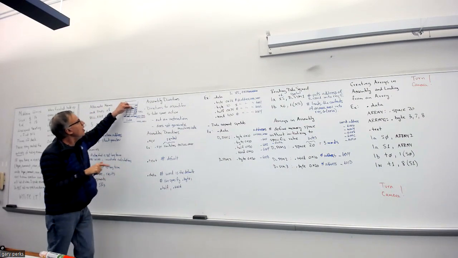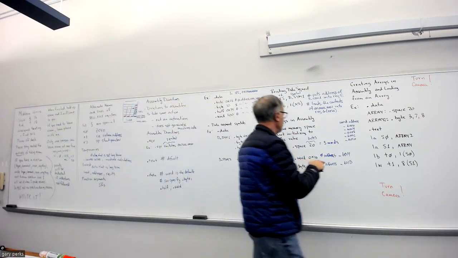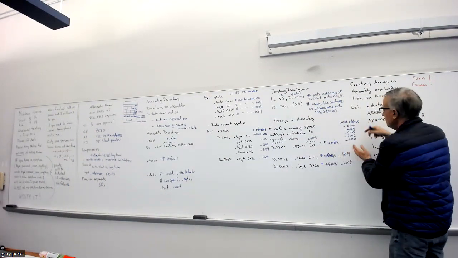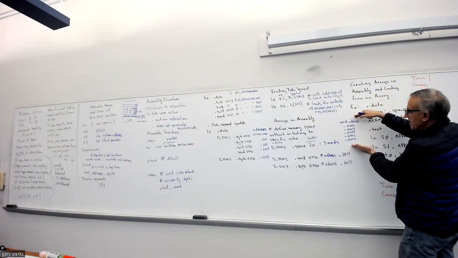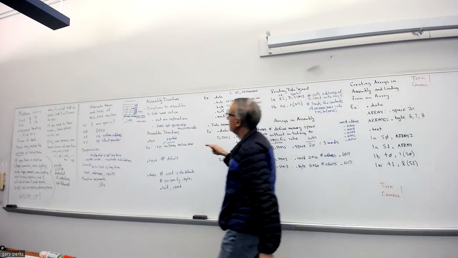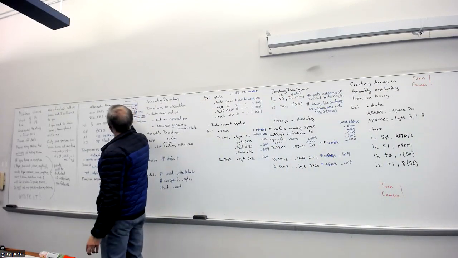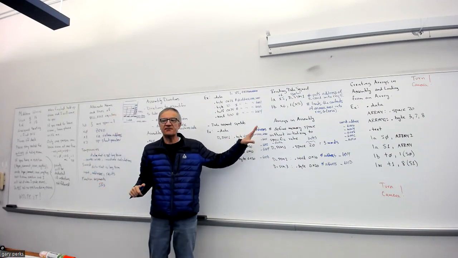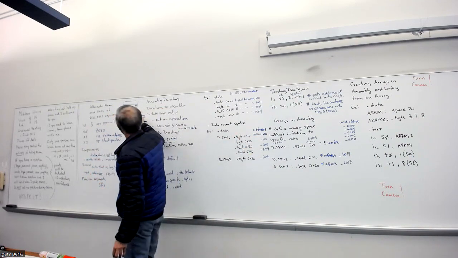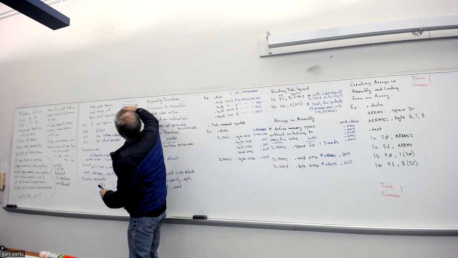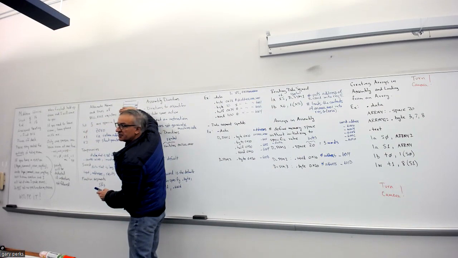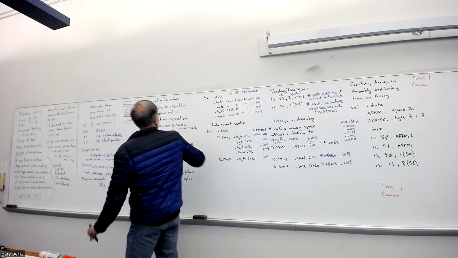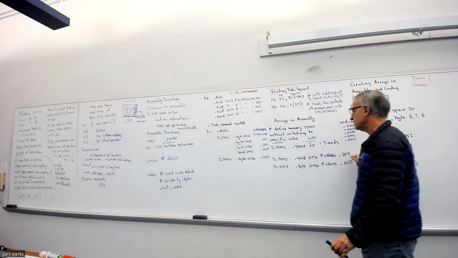If you look before this, we allocated this amount of space, and it covers the whole thing. These 20 bytes are 5 words, so 1, 2, 3, 4, 5. This whole block here has been allocated without an initial value, and the next thing that's available is 6,014.